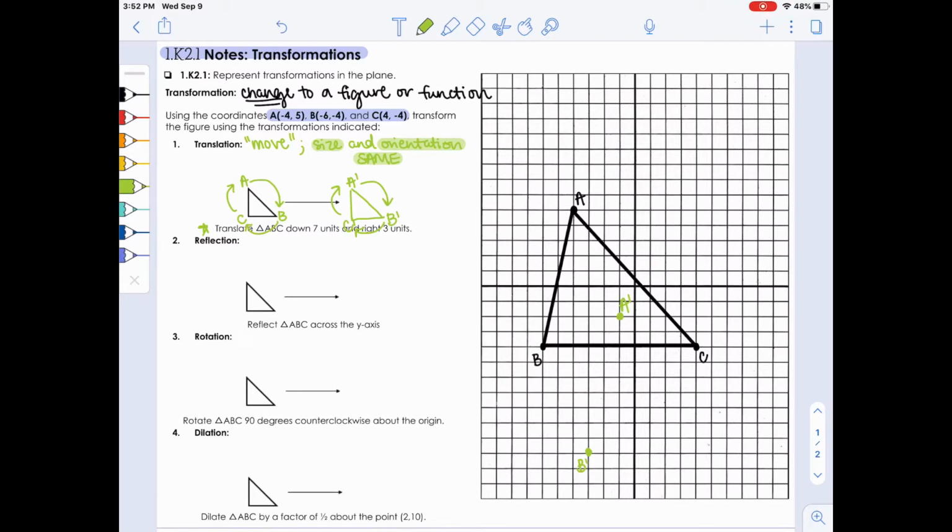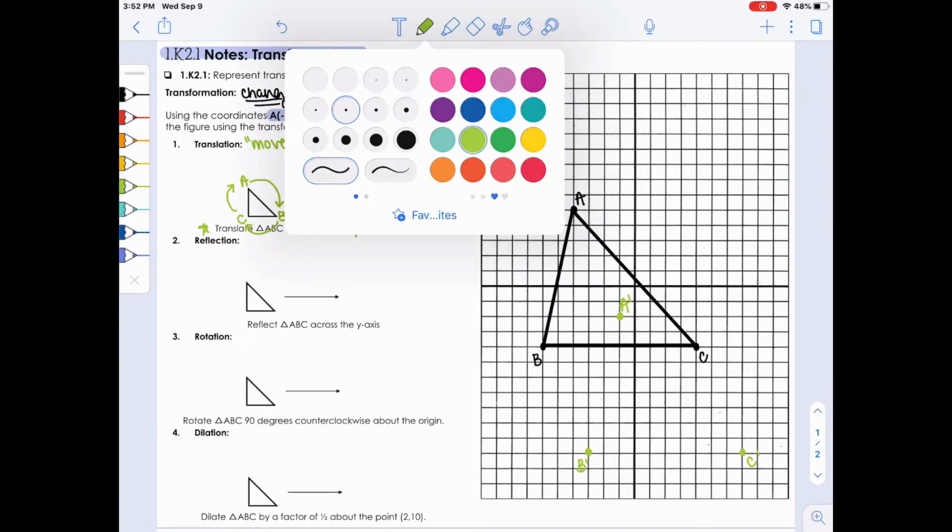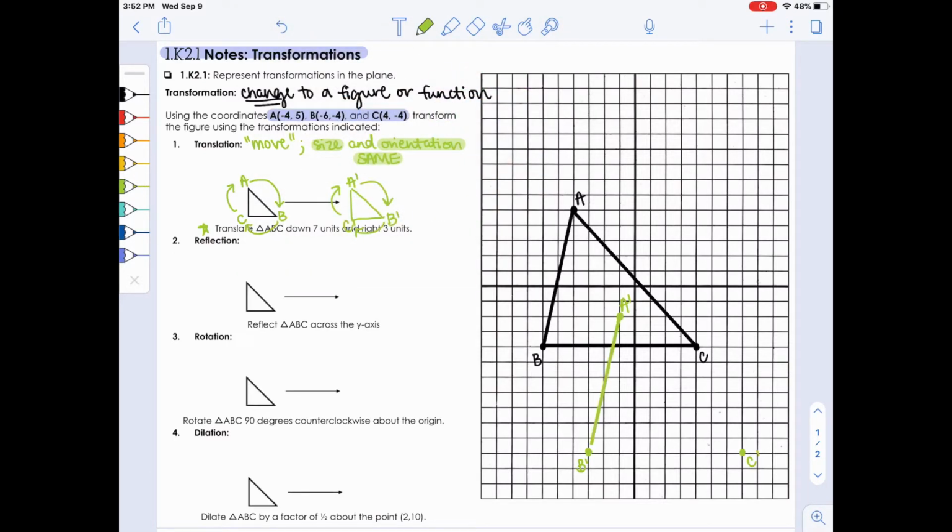And we'll do the same with C, down 7 and to the right 3, right here. And we'll label that C prime. Again, I'm going to make my pencil a little bit thicker and connect my dots. Notice that the shape looks the same, the angles look the same, it's just been moved. Okay, that copy's just been moved around on our graph. That is a translation.